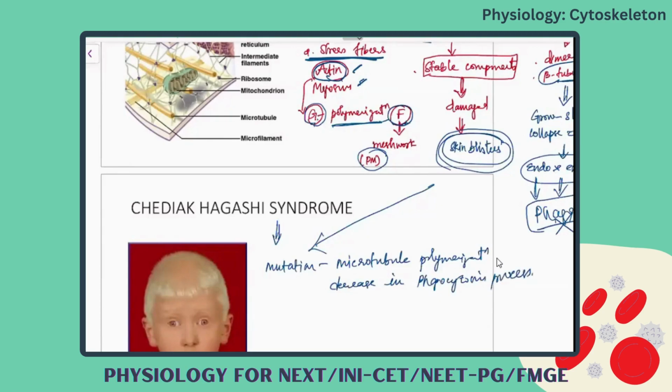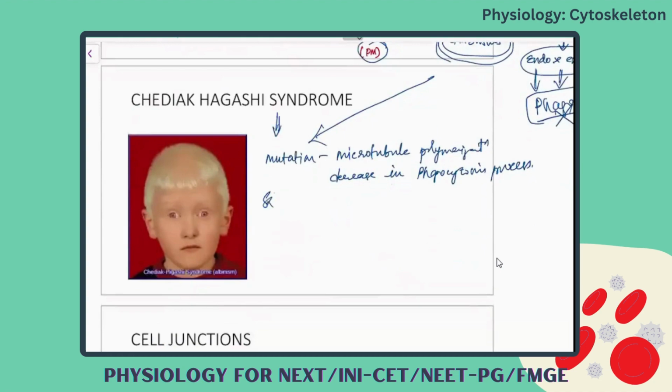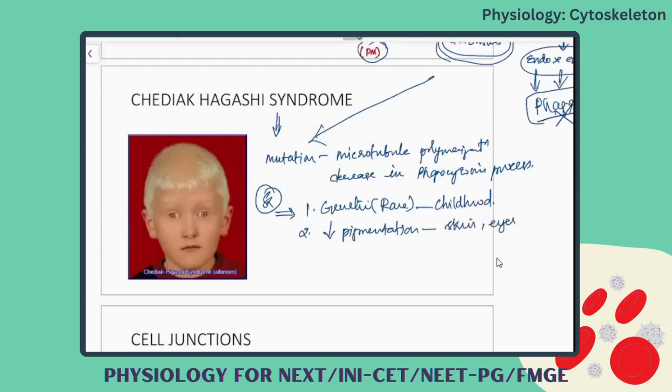What are the symptoms you will see? The first is that it is a genetic disorder, most common in childhood, and it causes decreased pigmentation like albinism in the skin, eyes, and hair.